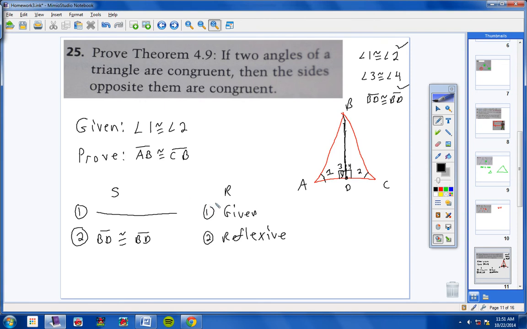Now, how about angles 3 and 4? Well, I haven't drawn my line yet, so I'm going to go ahead and draw my line. Draw BD perpendicular to AC. Now my reason would be, let's see, through any 2 points there exists a line, would be good enough.